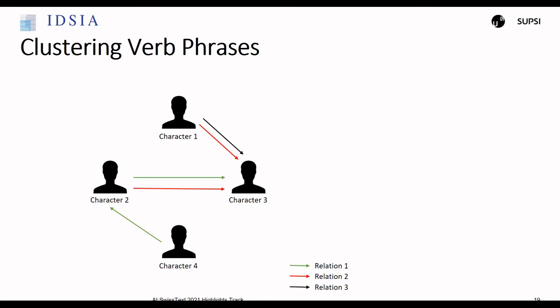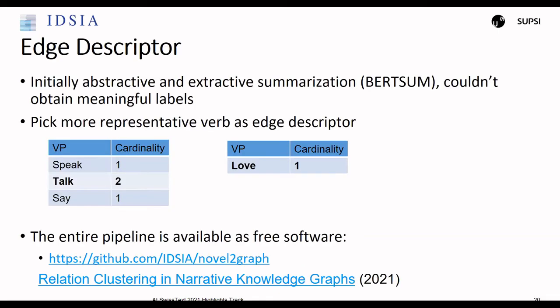In order to get the edge descriptor, initially we tried summarization of the clusters using BERTSum in order to see whether we can obtain some meaningful labels, but it was not so good. The results were not so good. Maybe because the sentences are not so much related and they are actually phrases and not cohesive.